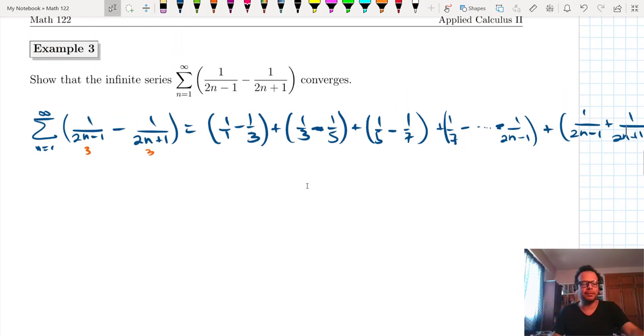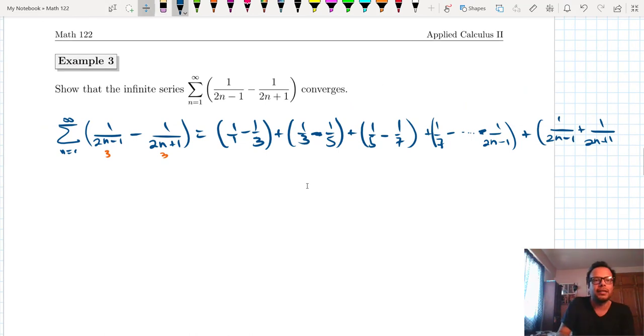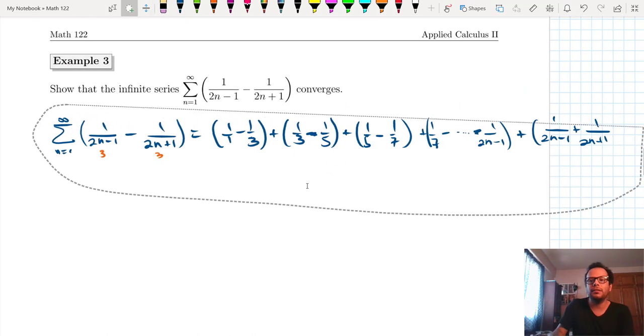Okay, let me make this a little bit smaller so it looks more organized.